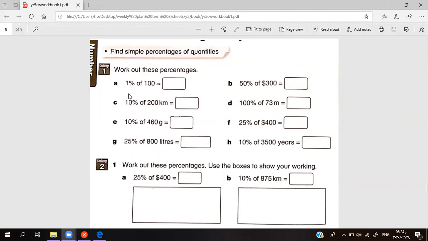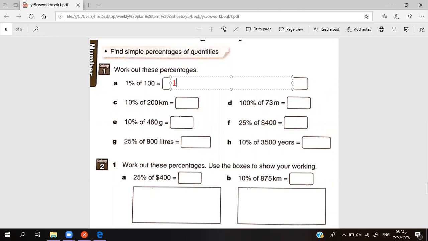Yes, I'm back. He's asking you to find 1% of 100. So as if he's saying 1 over 100 of 100 is what? It's a 1. So 1% of 100 is 1.